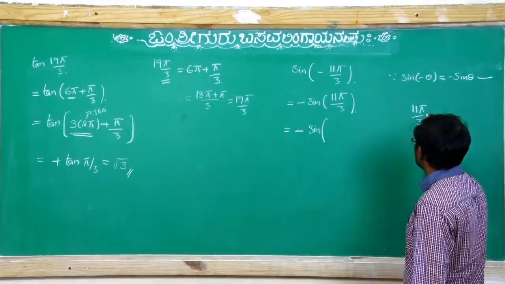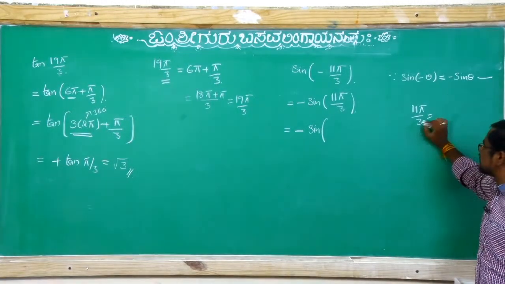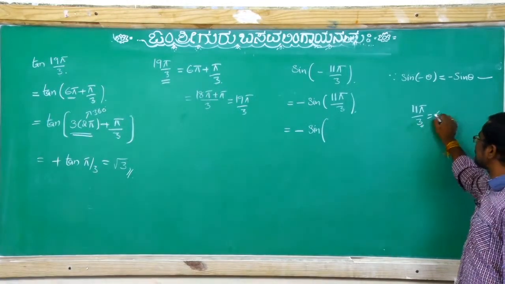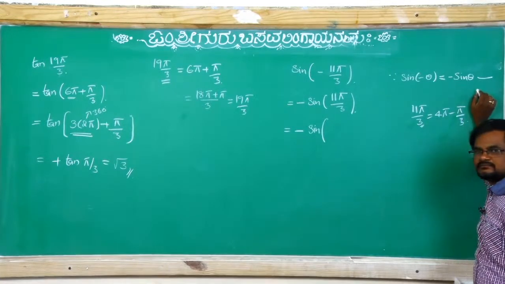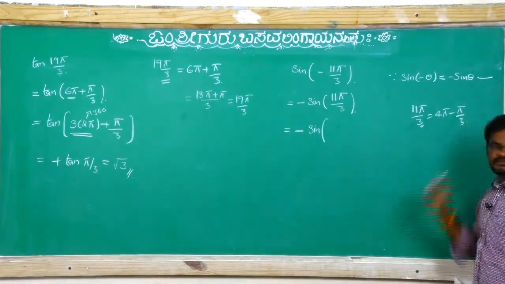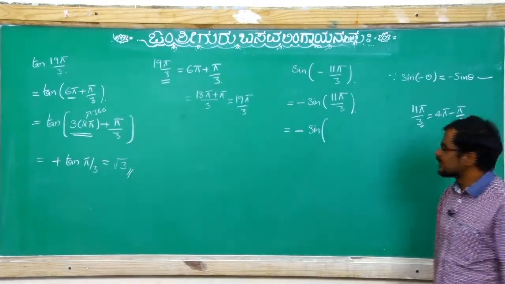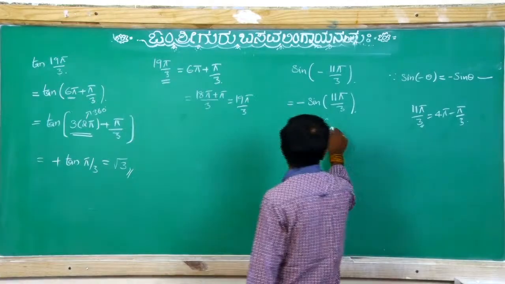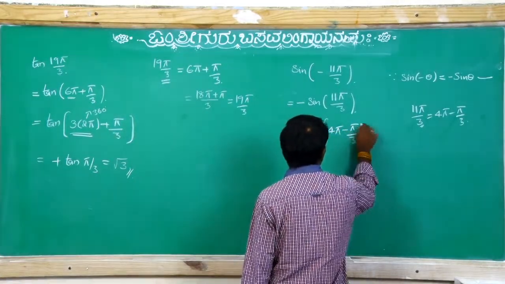11 pi by 3, how to write? Here pi is there. Can you write 4 pi minus pi by 3? 12 pi minus pi, 11 pi by 3. If 13 pi by 3 is there, means plus we have to take, that's it. Now that is equal to 4 pi minus pi by 3.